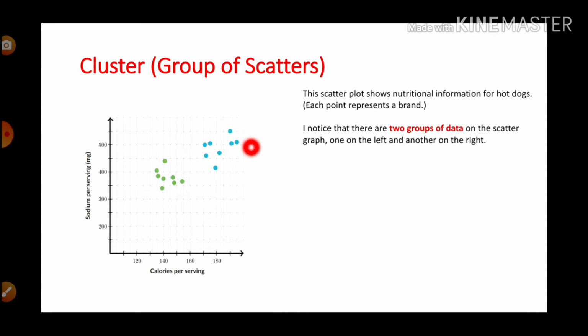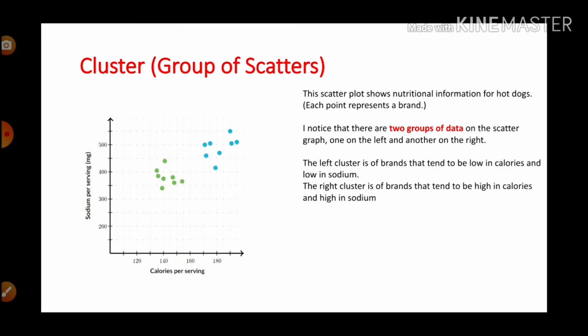Normally they should all be the same color, but I just made them green and blue so you can vividly see this is one group and this is another group. Okay, and I explain in context. So the left cluster is a brand that tends to use low calories and low sodium. The right cluster tends to be high in calories and also high in sodium.